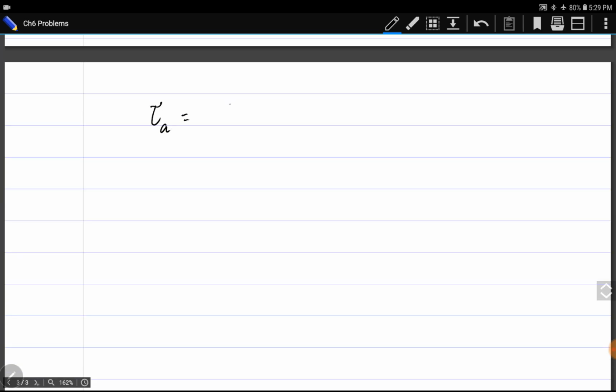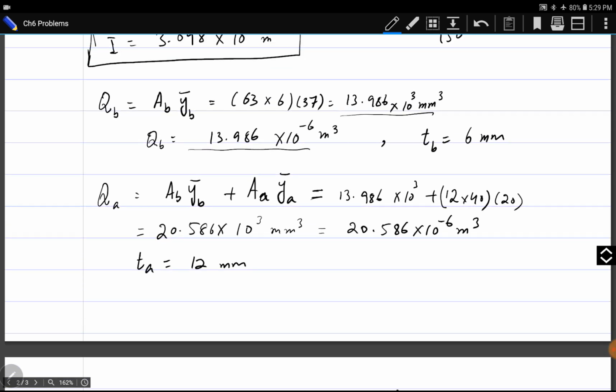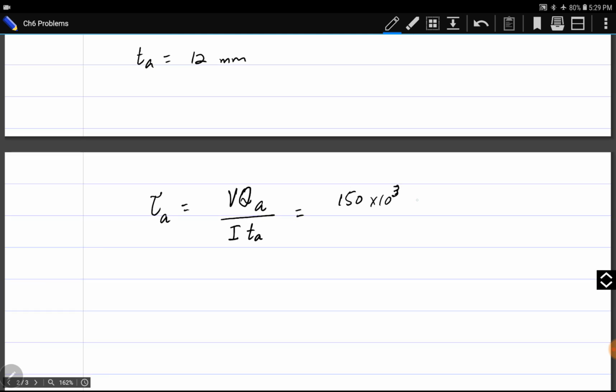Stress at A is equal to VQA over ITA. V is given to us, 150 kilonewton, 150 into 10 power 3 newtons. QA is 20.586 into 10 power minus 6. I is known to us.